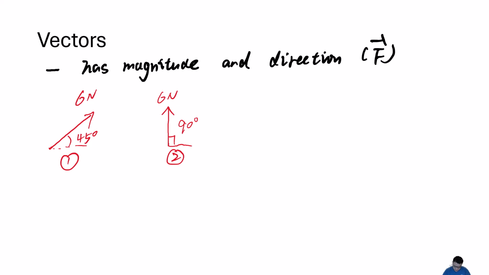The answer is absolutely no, because if you want to say one vector is equal to another vector, you have to make sure both the magnitude and direction of the vectors are equal. In this case, their magnitudes are equal, but the directions definitely are not.